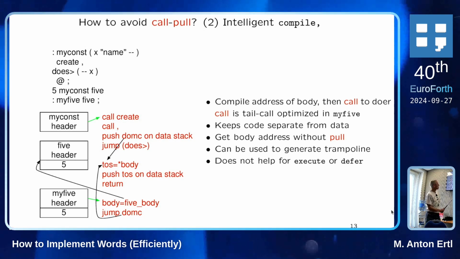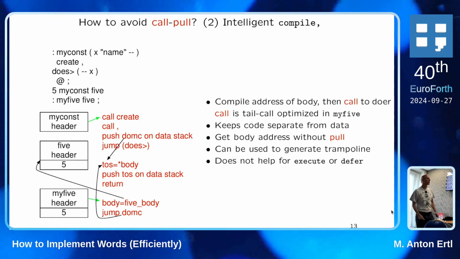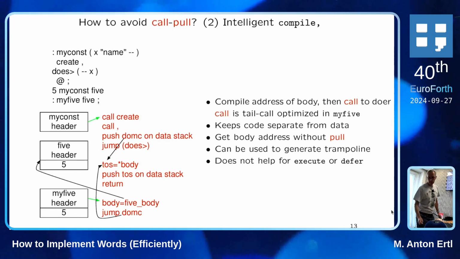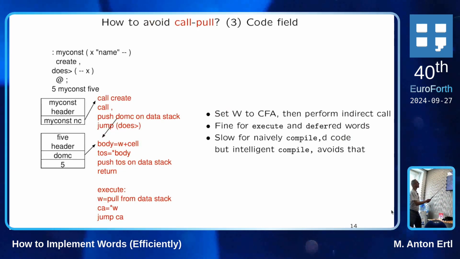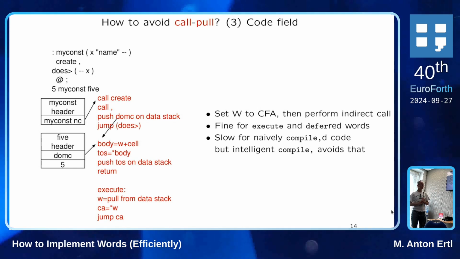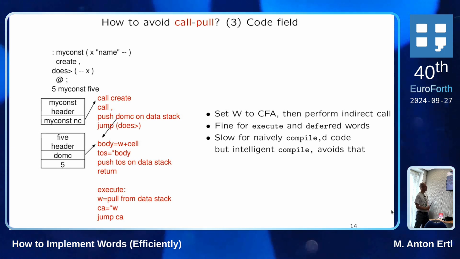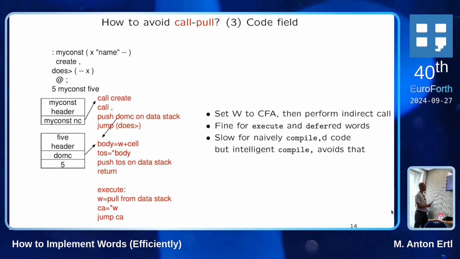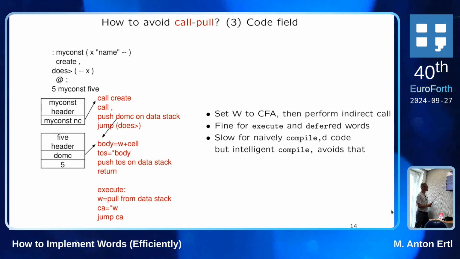It does not help for execute or defer, because we don't use compile comma for execute or defer. So another way is to use a code field in the classical indirect way, like indirect threaded code does it, where the code field contains a piece of data, which is the address of a piece of native code.